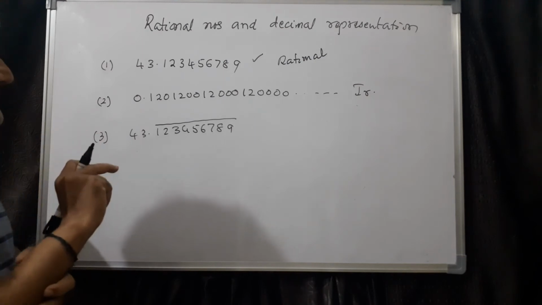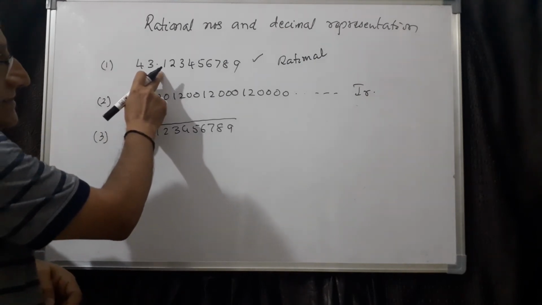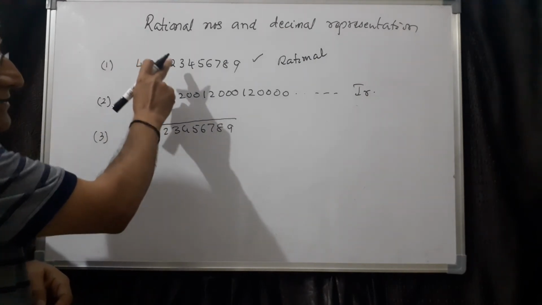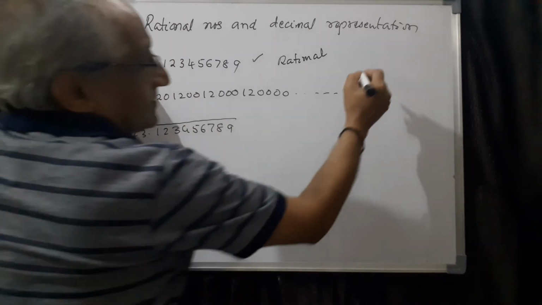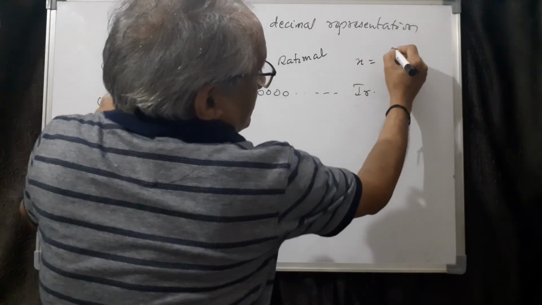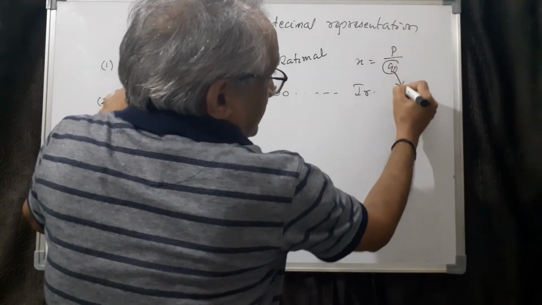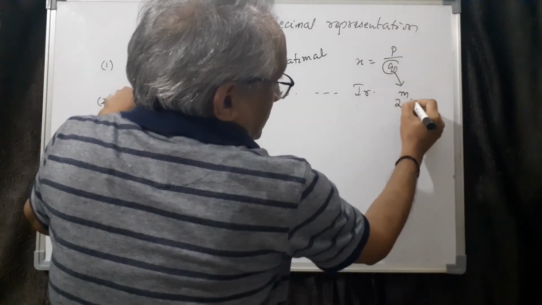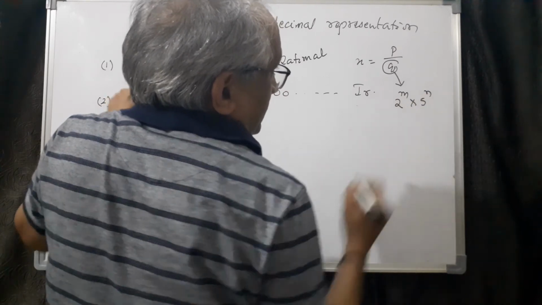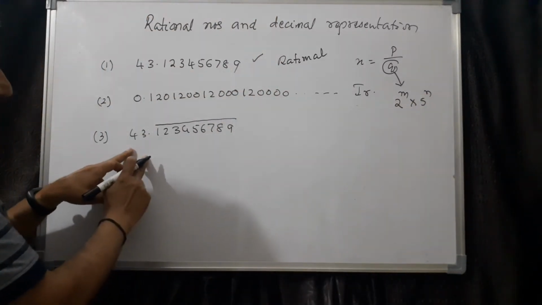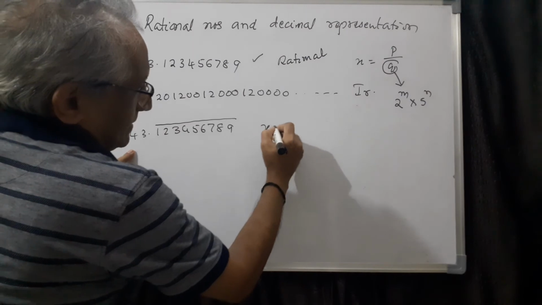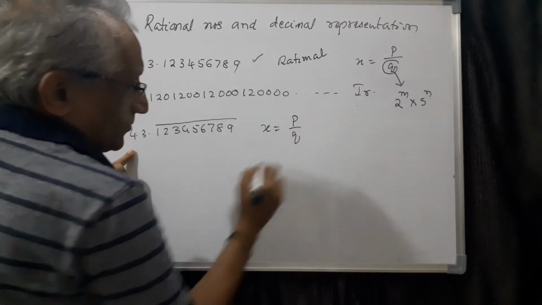Now the question is, if you express this in terms of p by q, you will get x equal to p divided by q, no doubt. But in the terminating case this q can be expressed as 2 power m into 5 power n. Whereas in the other case, it will once again be x equal to p by q only.